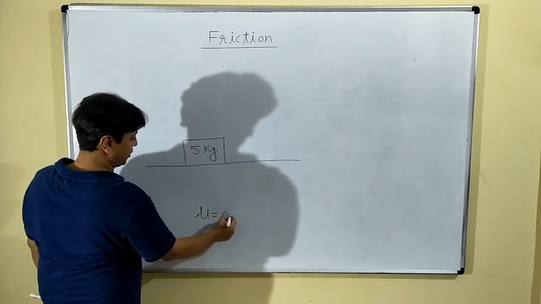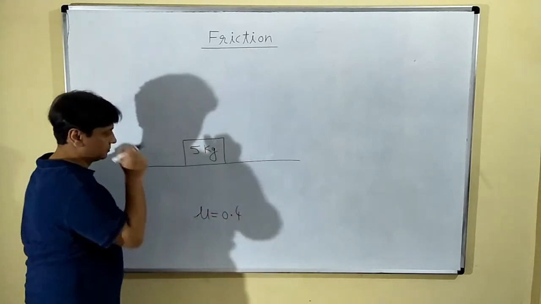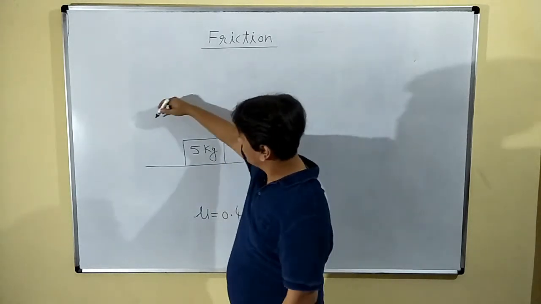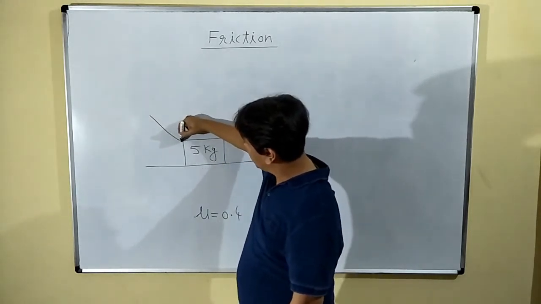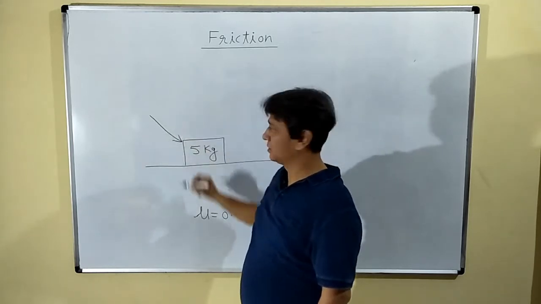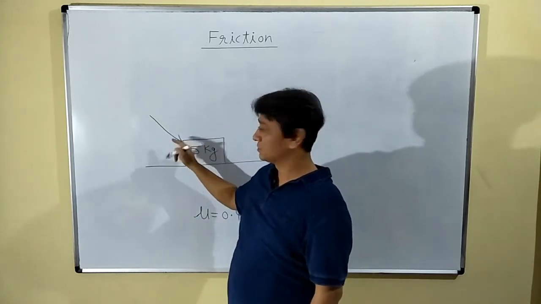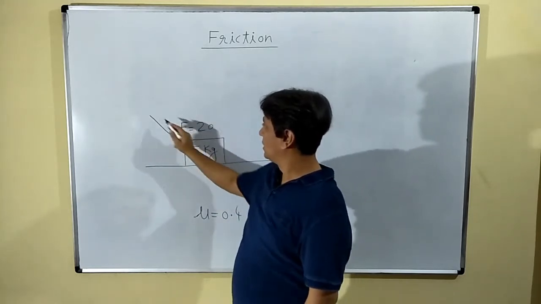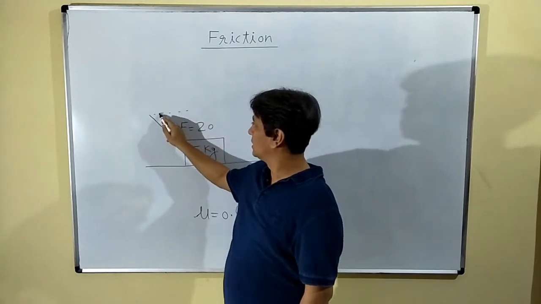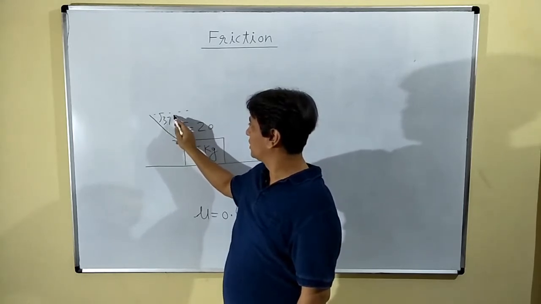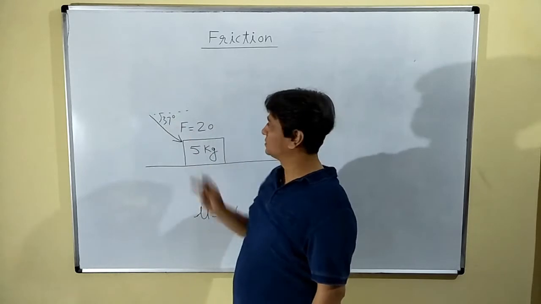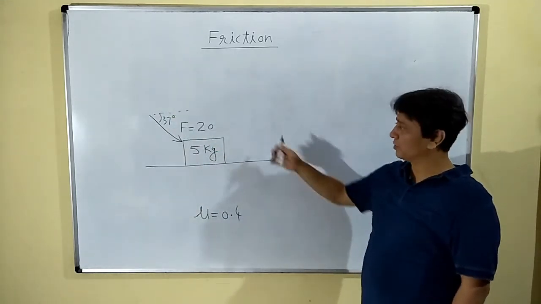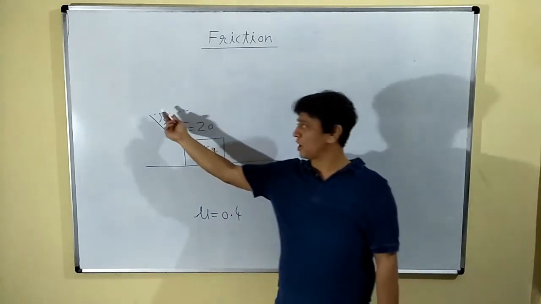Mu is given as 0.4. And this time round, force of 20 newtons is pushing this body. This force makes an angle of 37 degrees with horizontal like this and is pushing the body. In the previous example, we were pulling the body and now we are trying to push it.